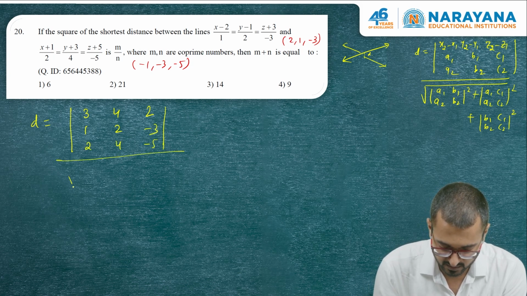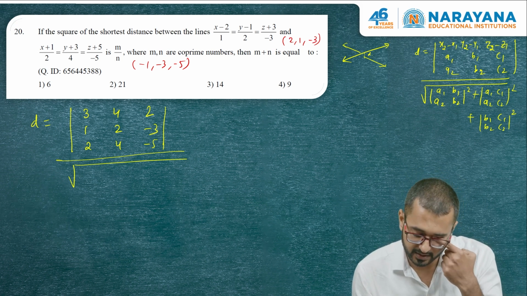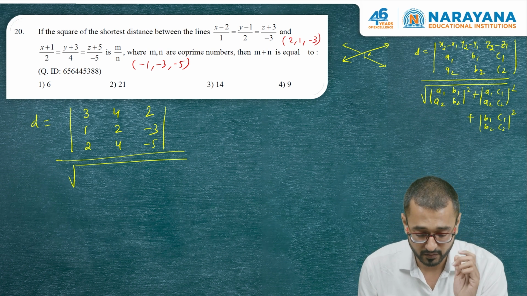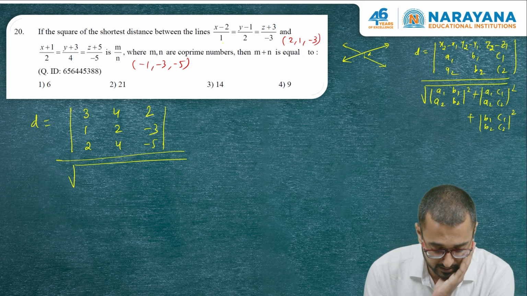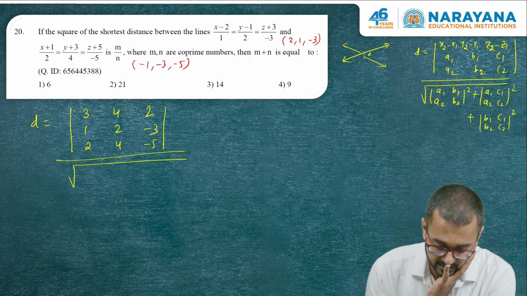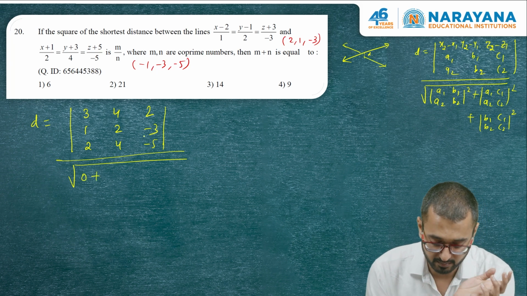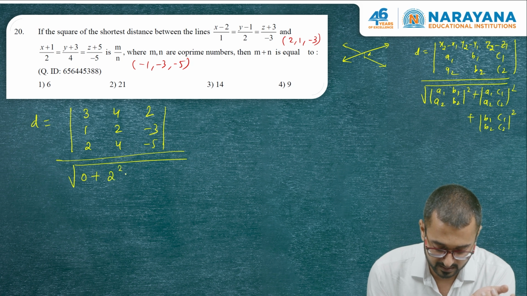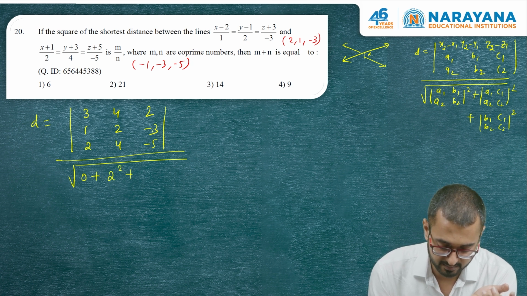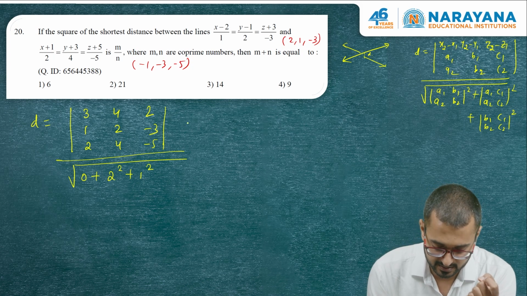This over the square root of, now these squares we can write down directly. We don't have to calculate, because see, this is 1, 2, 2, 4. So 4 minus 4 is 0, plus minus 10 plus 12 is 2 squared, and then plus minus 5 plus 6 is 1 squared. And this determinant we have to calculate.